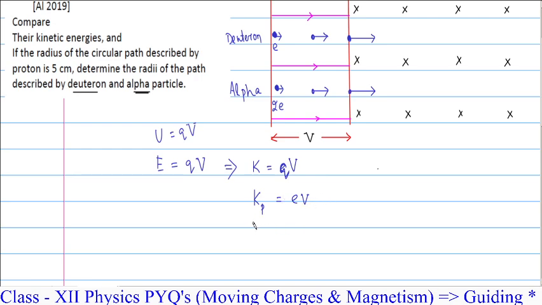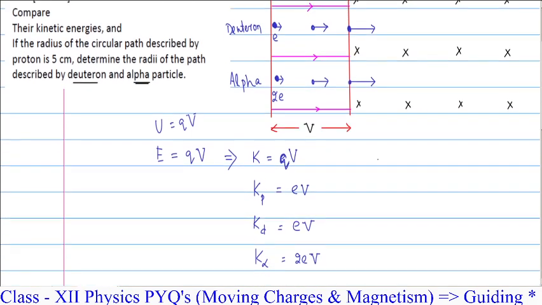Similarly for the deuteron, it has the same charge as the proton, so it will again be accelerated through the same potential difference V. The kinetic energy gained will be eV. For the alpha particle, the charge is twice that of the proton, 2e, accelerated through potential difference V. That means the kinetic energy gained by it will be 2eV.